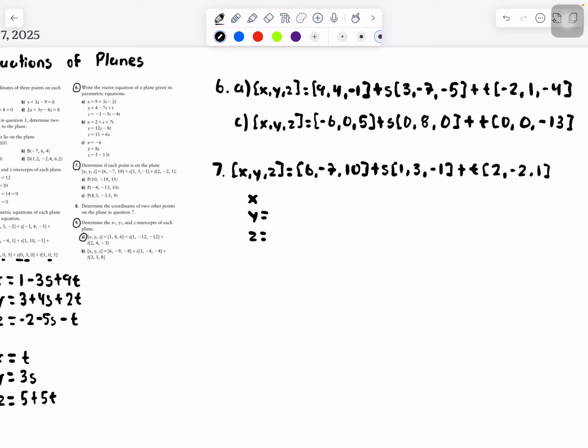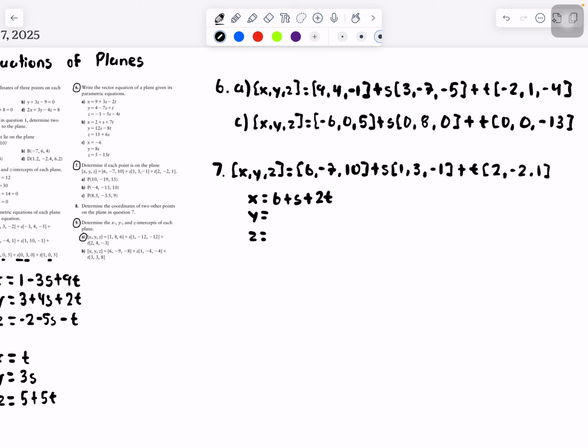I'm doing all this pre-work before I actually even begin problems A and C, just to set myself up well. So the parametric equations come simply. x is 6 plus s plus 2t.